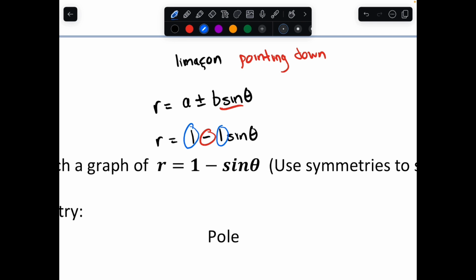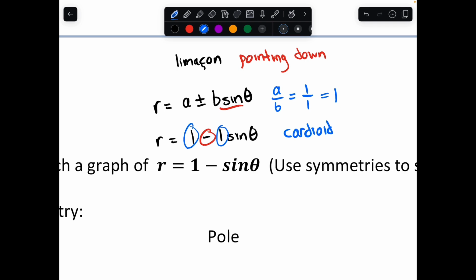Our coefficients are 1 and 1, so a divided by b is 1 divided by 1, which is equal to 1. So this is the special case where it's actually a cardioid, or a heart. So it's a cardioid that's pointing downward. That's what we should expect.